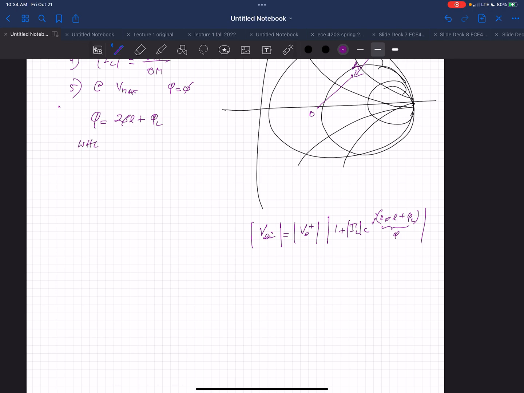When phi is equal to 0, e to the j phi is equal to 1, so that's the maximum line voltage.